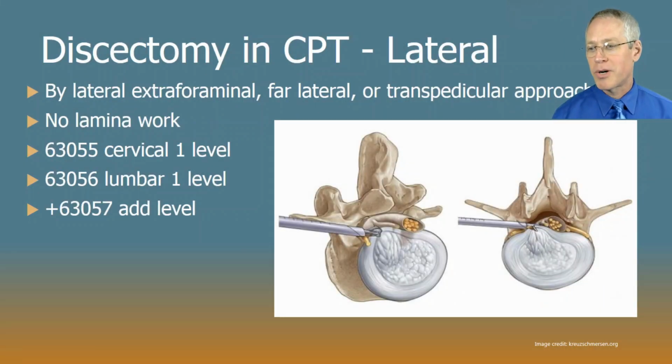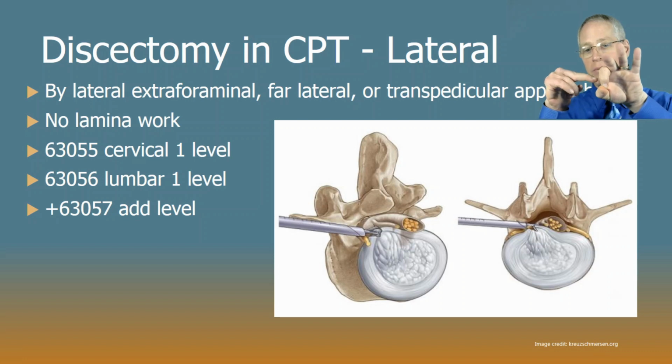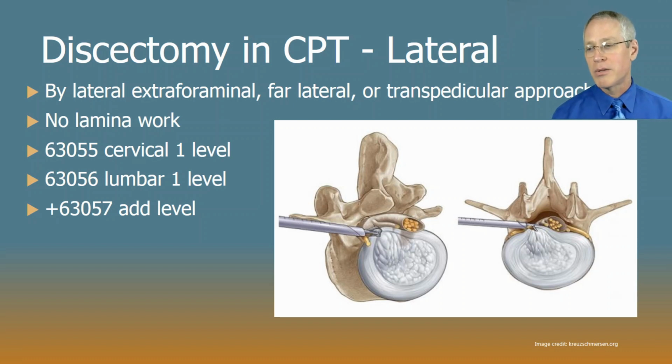The lateral extraforaminal, also called far lateral discectomy or transpedicular approach. Hopefully, if that diagram's stuck in your head a little bit, you'll remember the neural foramen where the nerve root exits is in effect the window into the spinal canal where the disc herniation is likely to be. So the hallmark of this is that there's no lamina work done at all, at least at that level, wherein the work is done through the neural foramen here.